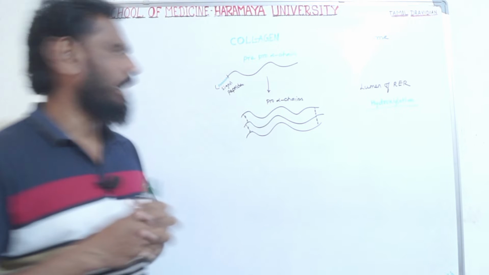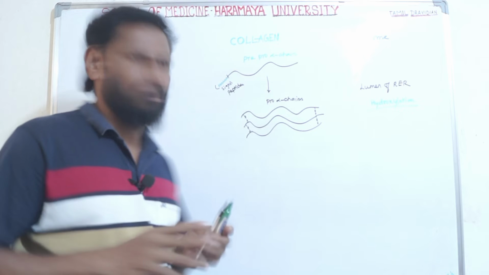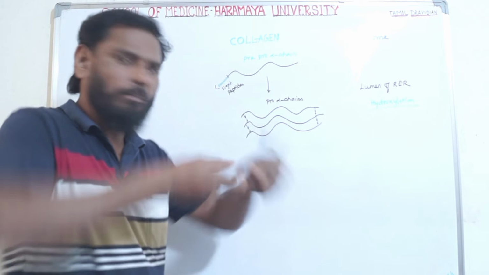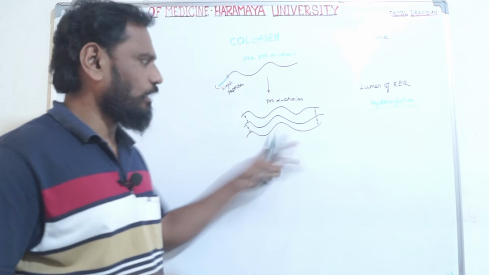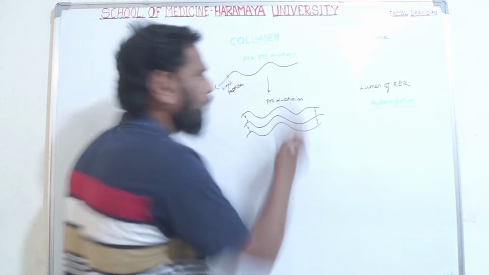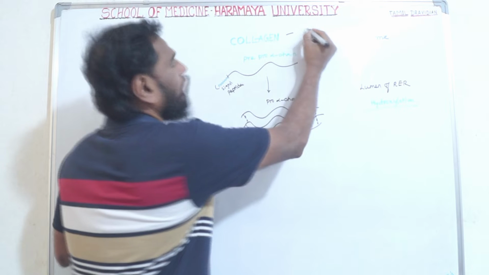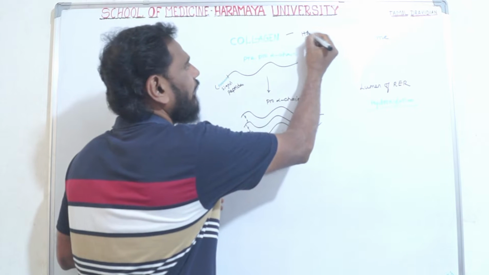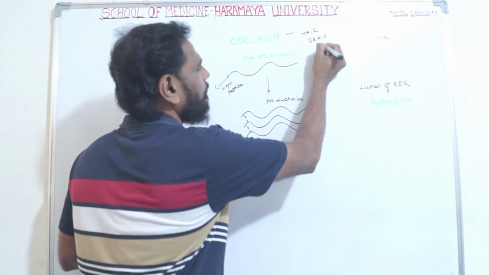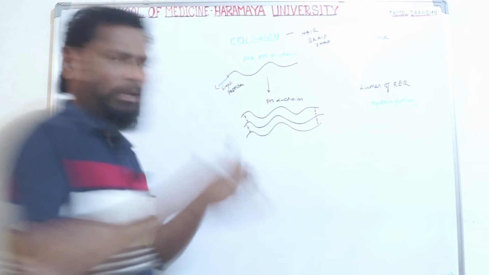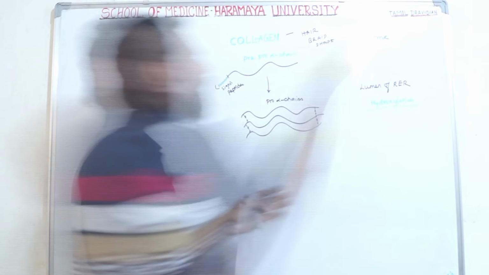Only these 3 amino acids are hydroxy amino acids. These 3 are not sufficient, because this is going to make a rope-like structure. Clear? That is why I already told you the collagen shape is like a rope, or hair braid shape.